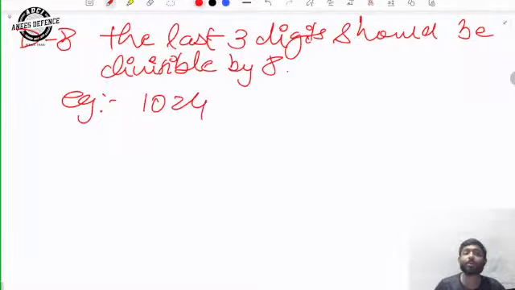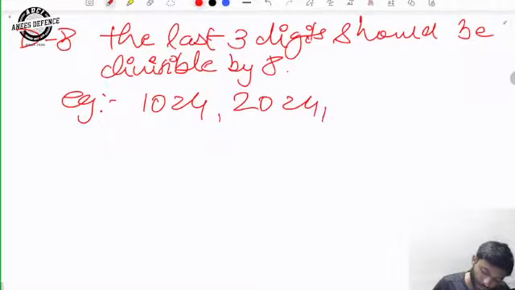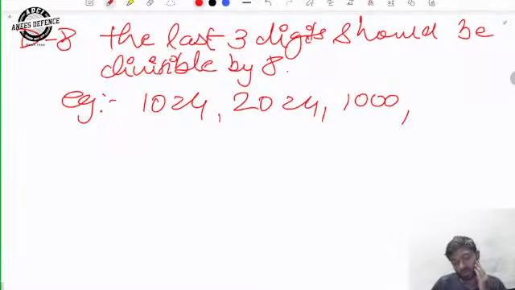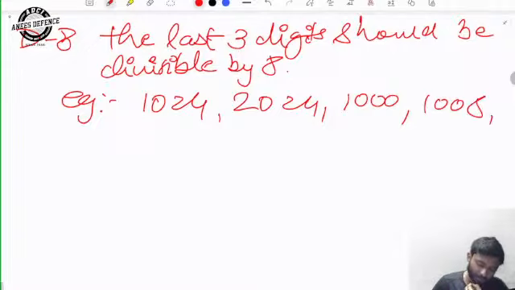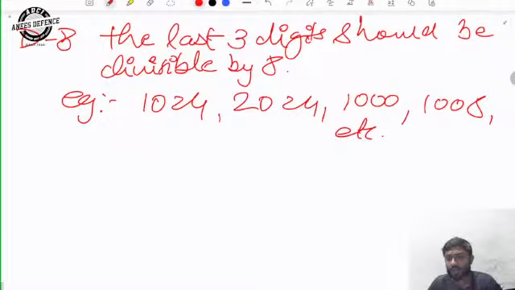If you remember, this is divisible by 8. 2024, 100,2024, it is divisible by 8 if you check it. 1008, etc. All these numbers are divisible by 8. Always remember that the last three digits have to be checked. That number should be a multiple of 8, or divisible by 8.